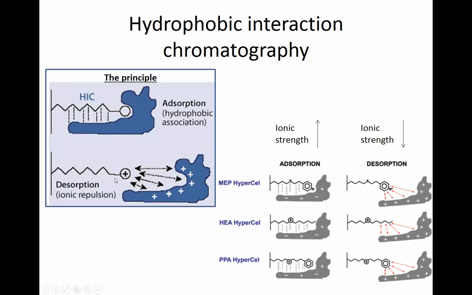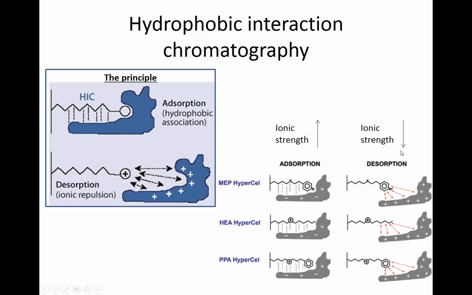And then we can desorb via an ionic repulsion, so this can bind a metal ion or some sort of ion that will then pull off the hydrophobic protein that we're trying to purify. If the ionic strength is up, we essentially have the hydrophobic interactions here as they adsorb to the different types of hydrophobic interaction molecules.